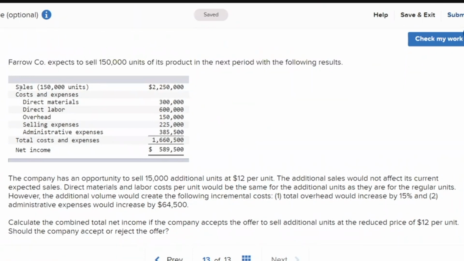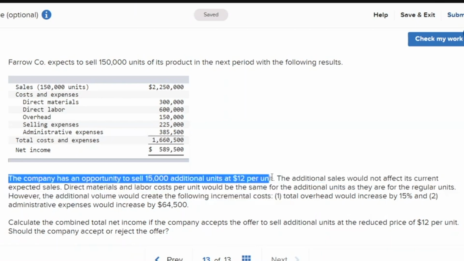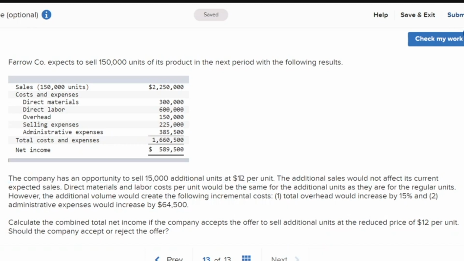What is the normal price? Well, 2,250,000 divided by 150,000 units. So we normally sell them for $15 each, but somebody wants to pay us $12 each. They want a good deal.